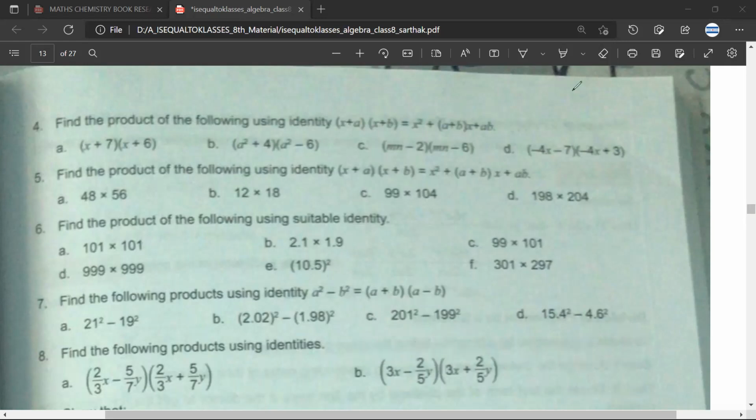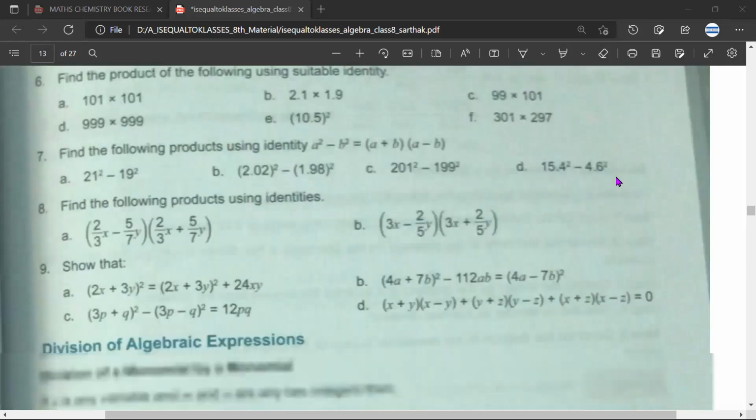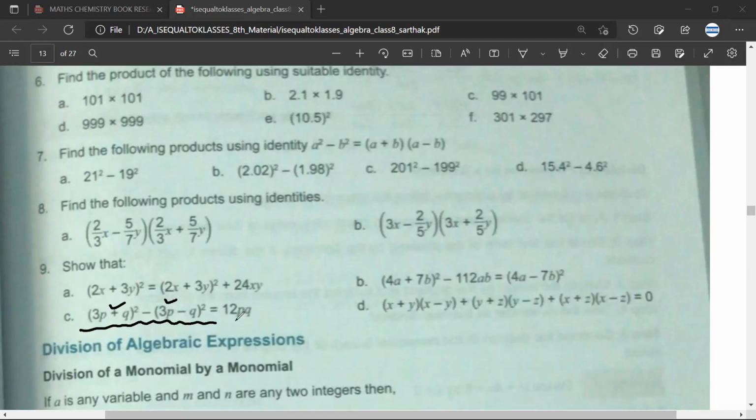And if you have understood till here, so in questions like these, you have to find the value of this, find the value of this, and then you will get this. Solve this using the identity, solve this using the identity, and you will get the answer to be 0.